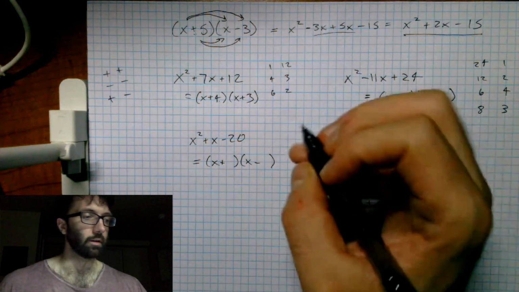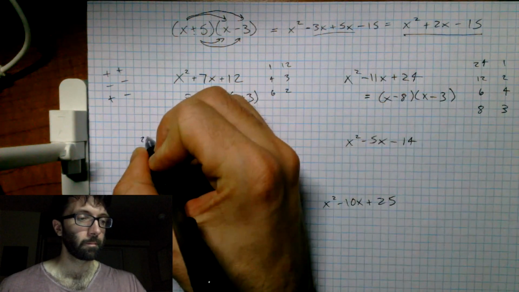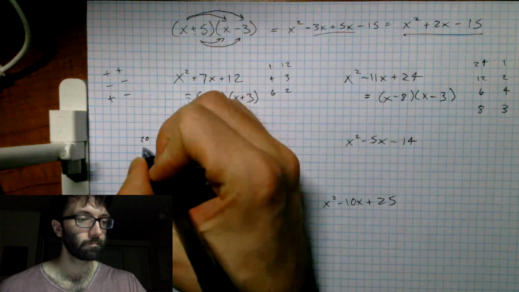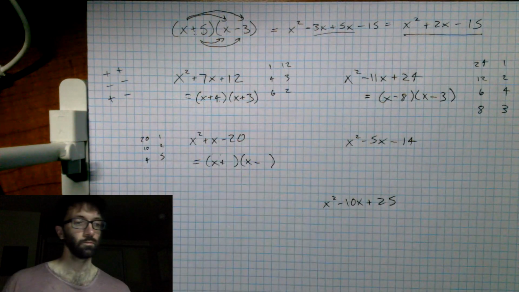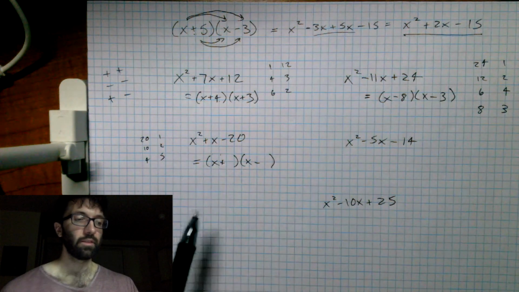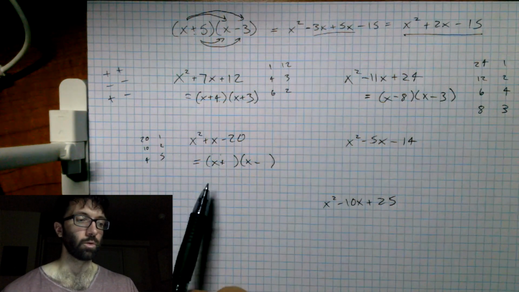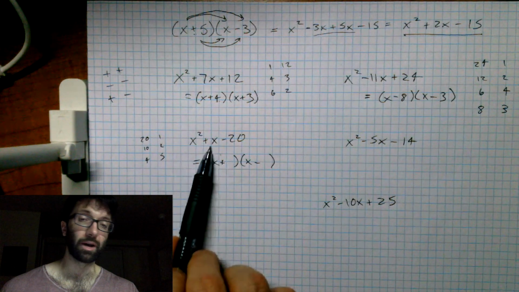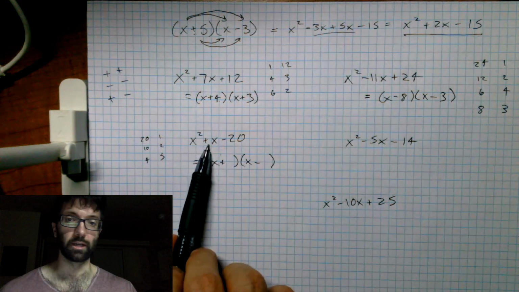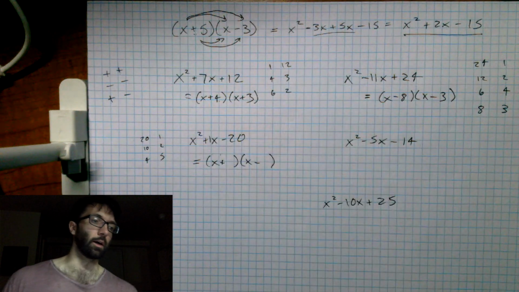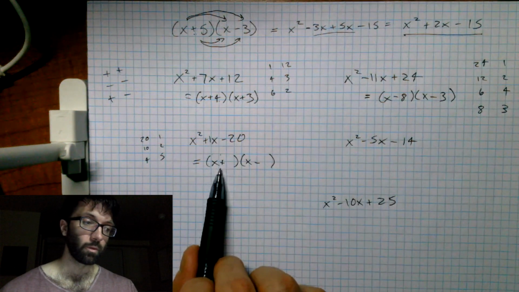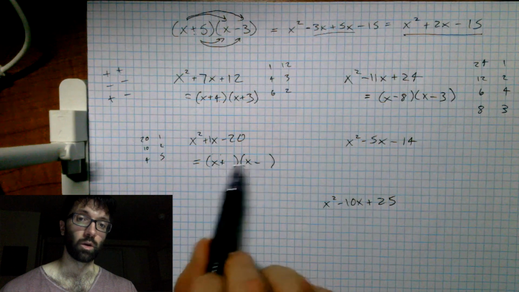And now the factor pairs of 20. Okay. Now, we need the factor pairs of 20 that will combine to a positive 1. Since we don't see a coefficient here, we know that's a 1x, right? But we also need to consider that one of them's positive and one of them's negative.